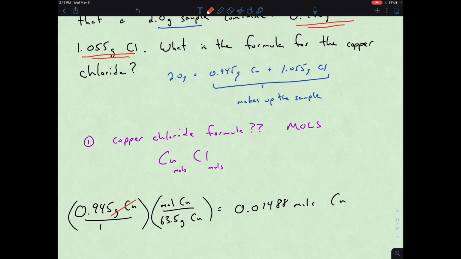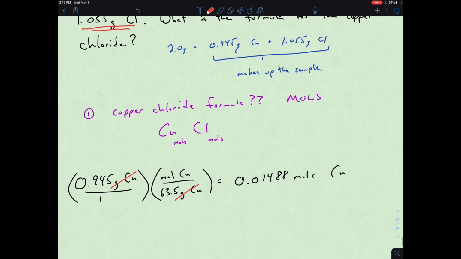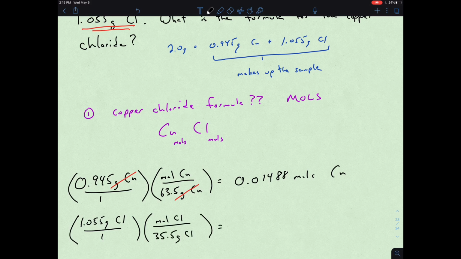So getting out of grams and getting into moles. And then I do the same thing with my 1.055 grams of the chlorine, where I would be dividing that by 35.5 grams per mole to get a value of 0.0297 moles of chlorine.